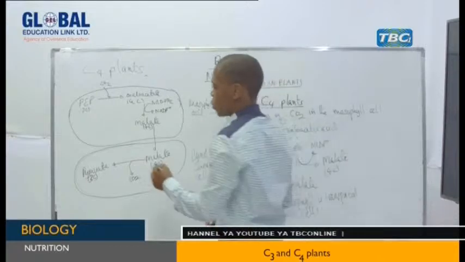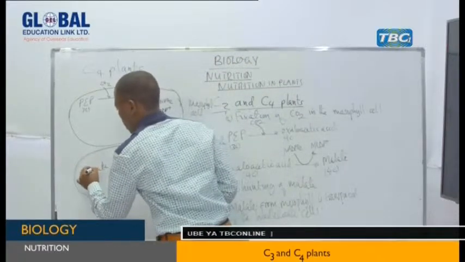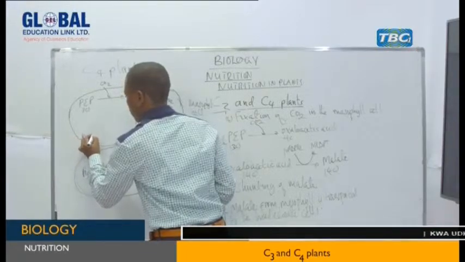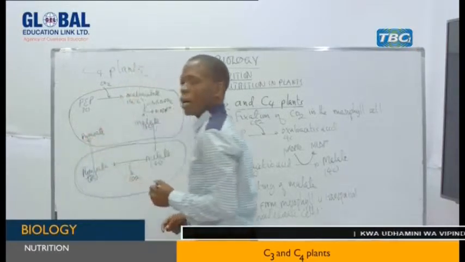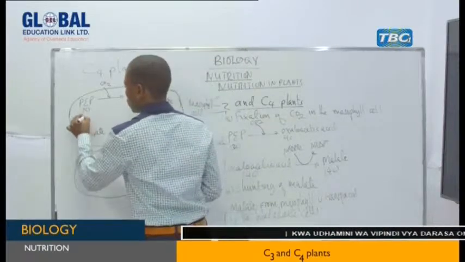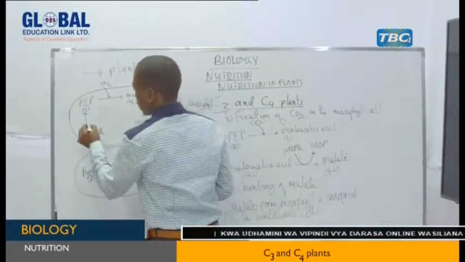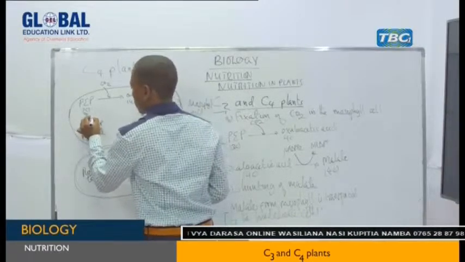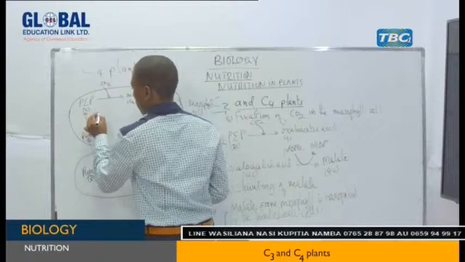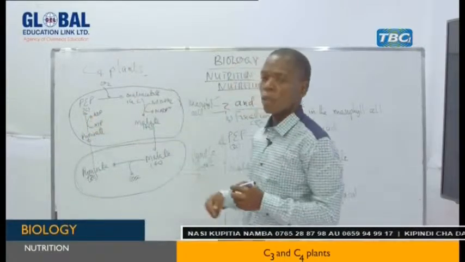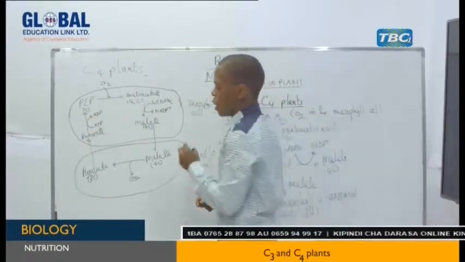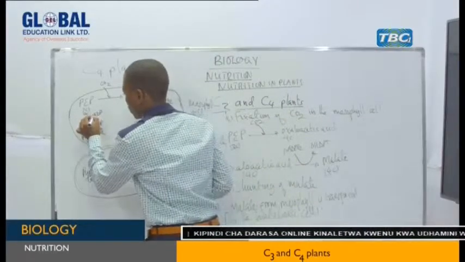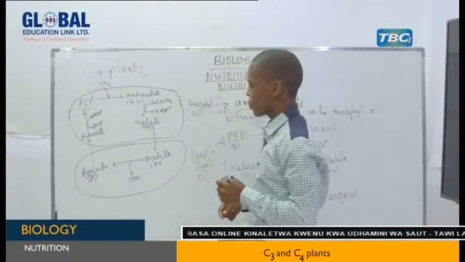This pyruvate is transported back into the mesophyll cell, and it is converted into phosphoenol pyruvate with the help of ATP. This process requires energy from 2 energy phosphate bonds. Therefore, here we need 2 ATP, which will form 2 ADP.